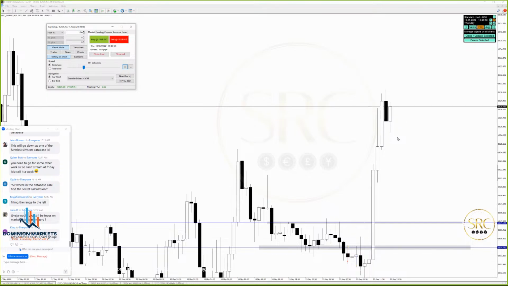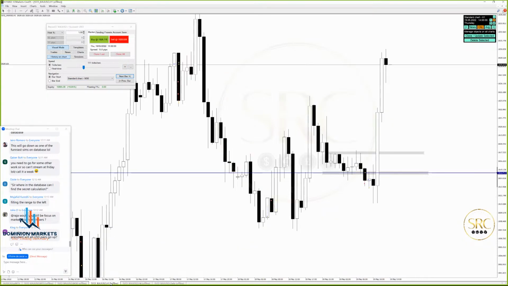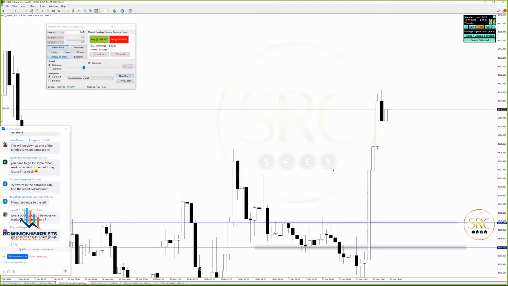Yeah, we're just going to wait over here now. The candle's about to close. Let's wait for the candle to close. 30-minute candle closed bullish. 1 hour candle closed bearish. Okay. 15-minute candle is consolidating. Can we take a buy over here?